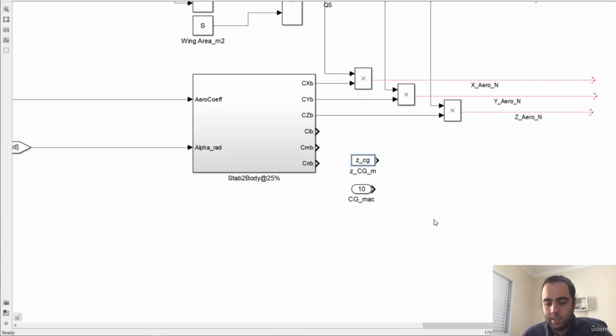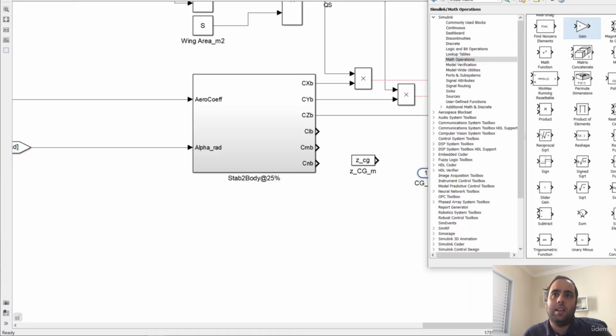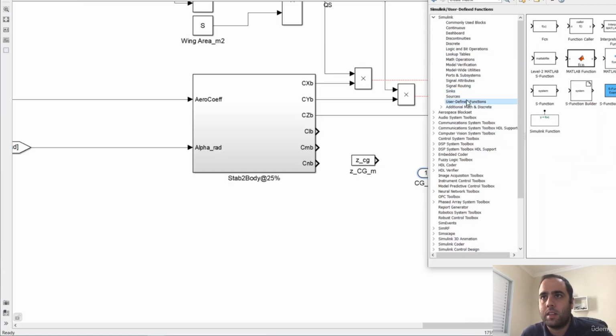And the calculation that we saw is that we're going to multiply the Z aerodynamic force times the CG, and this is a percentage of the aerodynamic chord, but we need a length to create a moment here. So the length is going to be in meters, and we have to convert as we learned in the previous lesson.